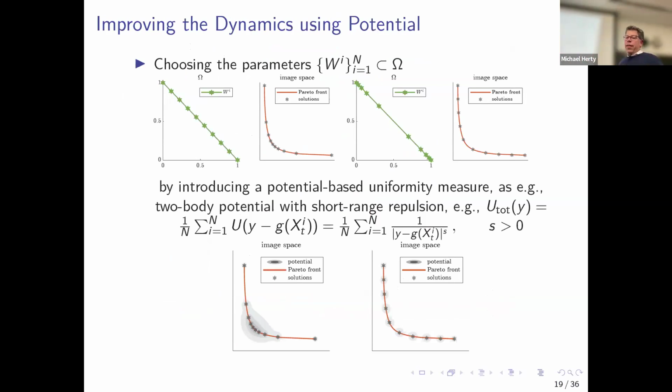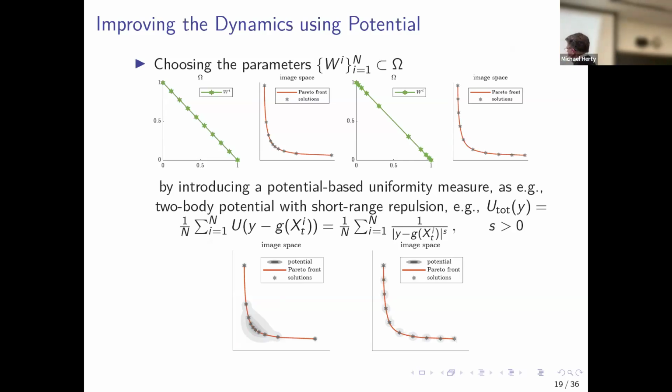So what we said is that ideally you would like to do it the following way. You change these W's dynamically at each iteration, and you introduce a potential, and this potential should push the points away in the W space, based on the values in the space of the objective functions. It's hard to see, but here this is a large gray area because these points are close, so this potential is large.